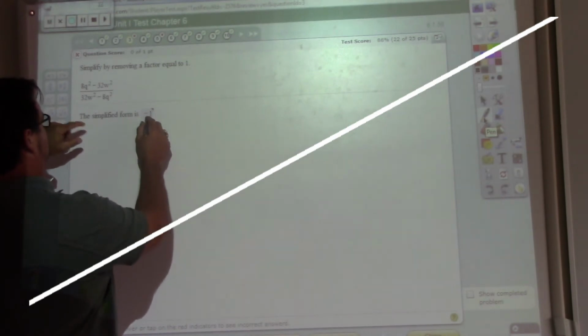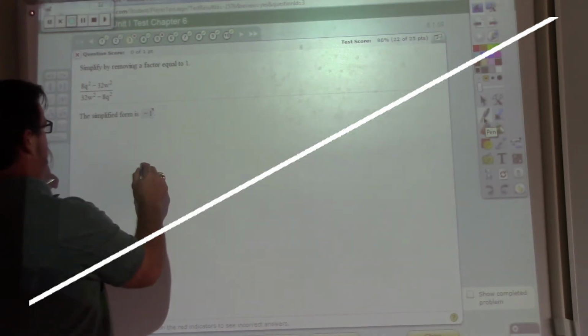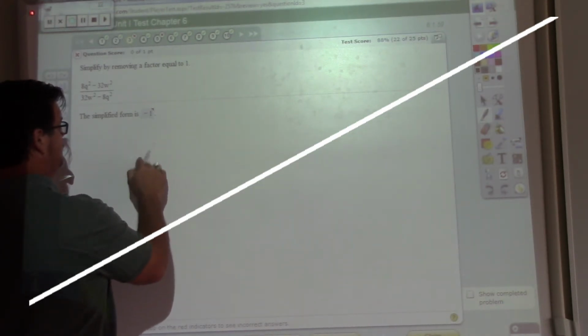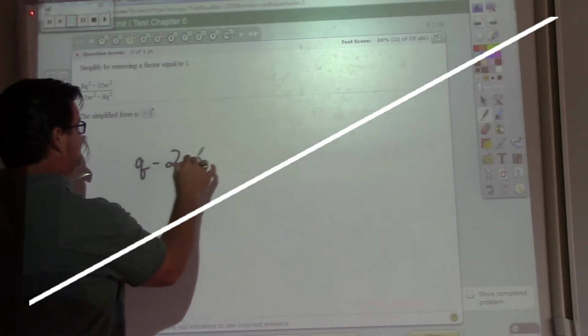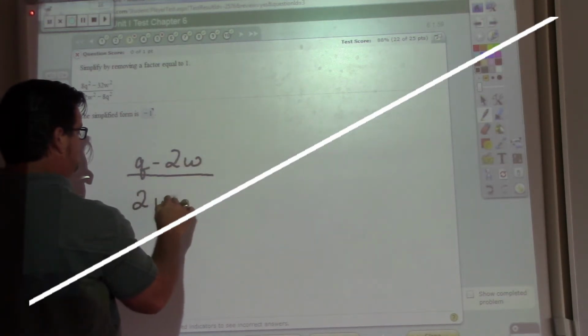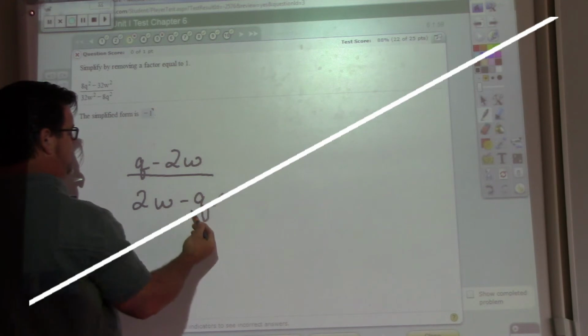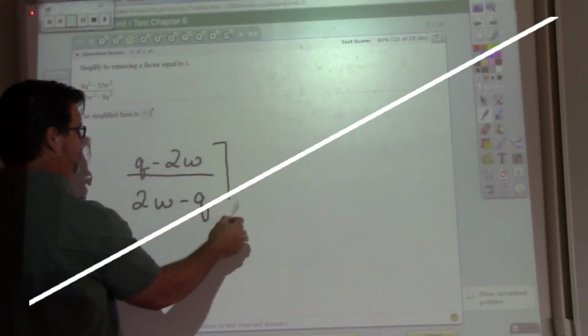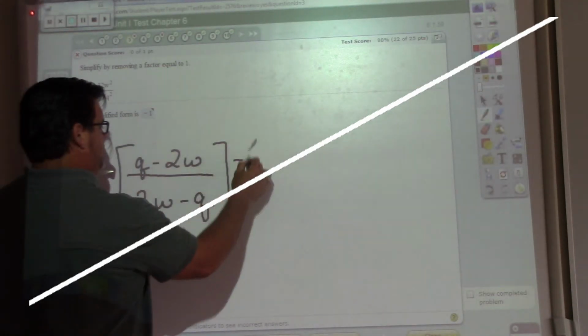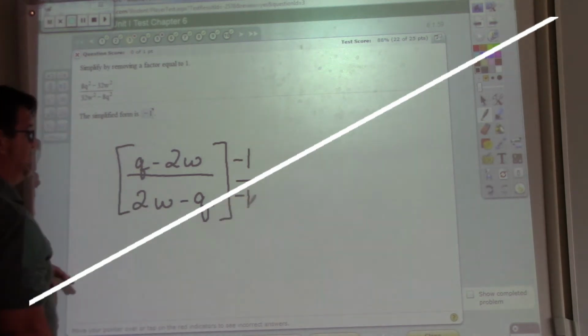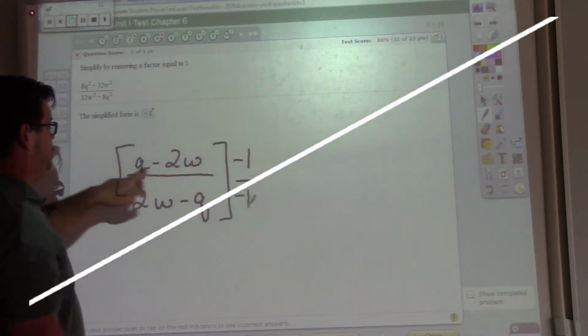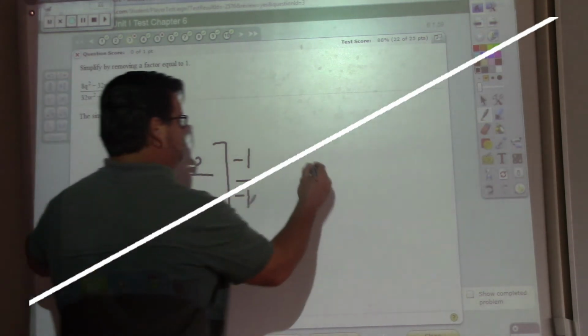What did we get? Q minus 2W over 2W minus Q. I thought it was going to make them different if you multiplied by negative 1 over negative 1, but evidently they fixed it to where it wouldn't. Negative 1 times Q is what?